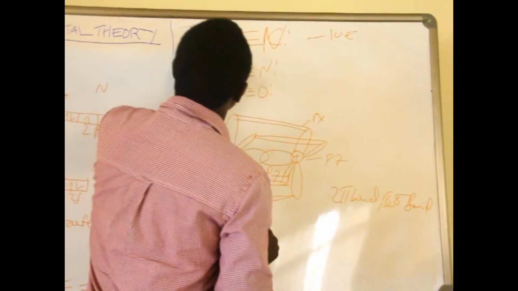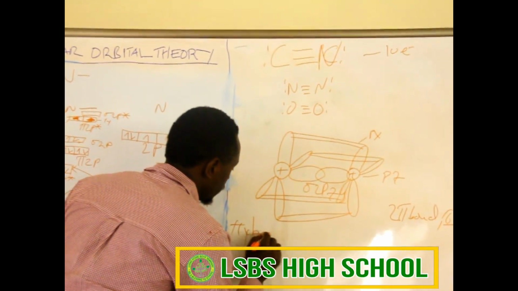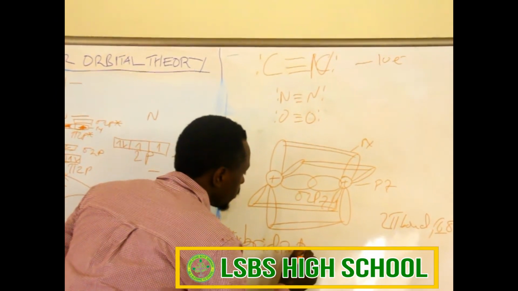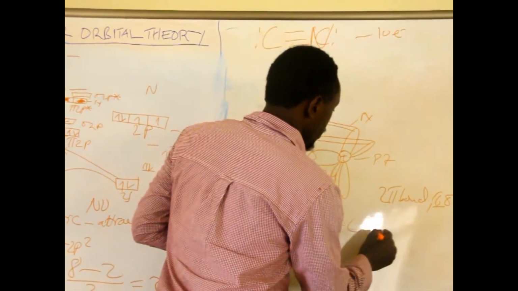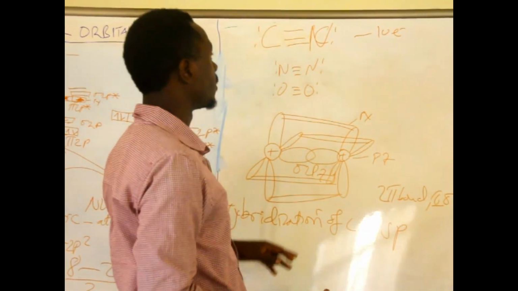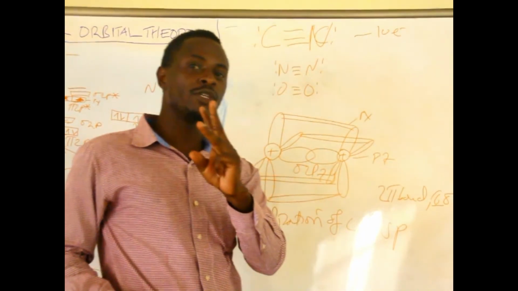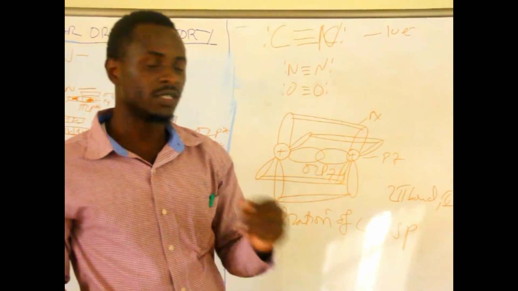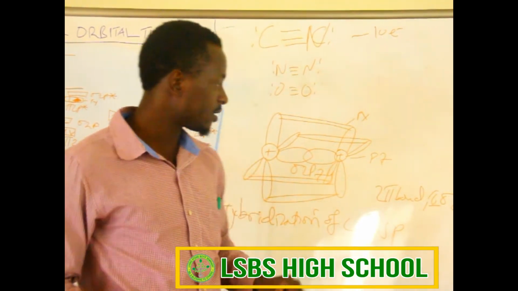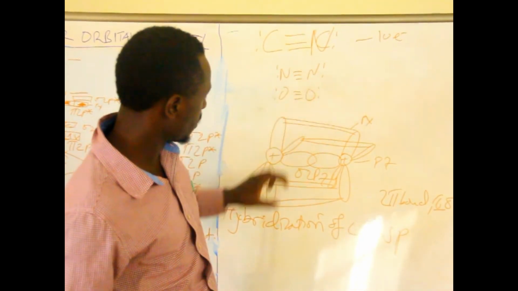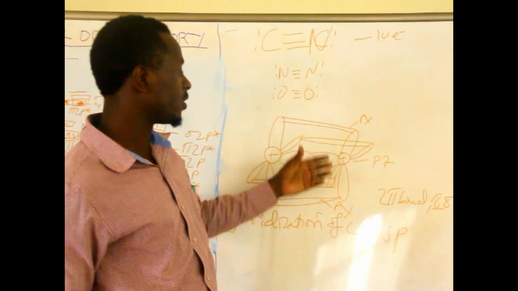The hybridization of carbon in this cyanide will be sp hybridization, which means that among 3 p orbitals, only 1 p orbital is hybridized. So 2 p orbitals remain unhybridized, and these are px and py. They result in the formation of pi bonds, which make the triple bond.